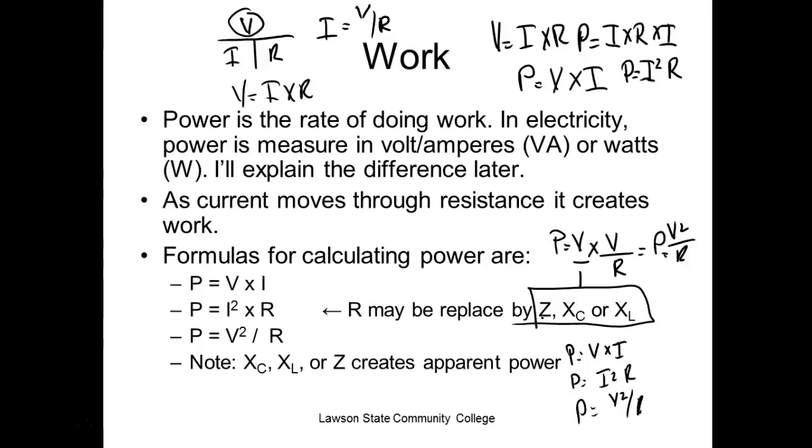So we have 3 types of opposition in a circuit. We have resistance, which is what you learn about in intro to engineering in DC, because in a DC circuit, that's all you have, is R. In AC circuits, we pick up 2 more oppositions: one we call impedance, one we call capacitive reactance, which is XC, and the other one we call XL, which is inductive reactance.